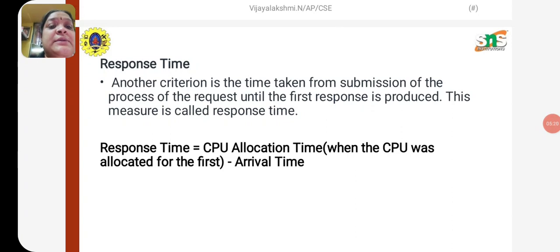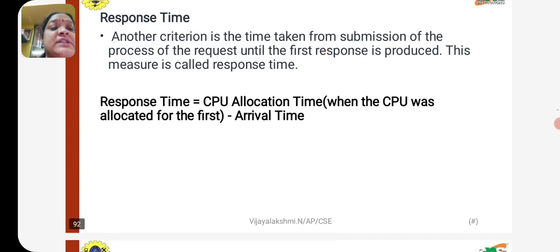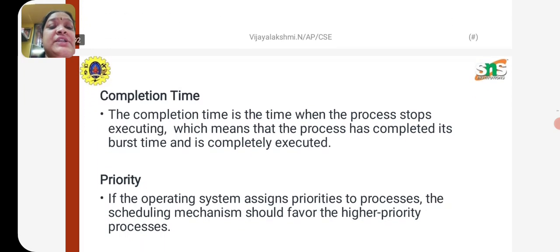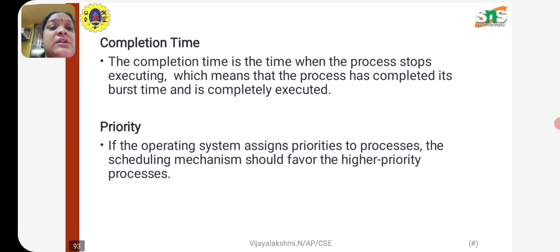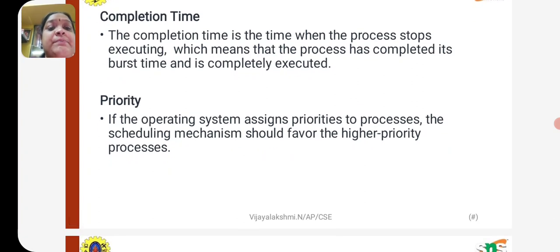Next is response time, which is the last criterion. Response time is CPU allocation time minus arrival time. Completion time is when the process completes its execution.